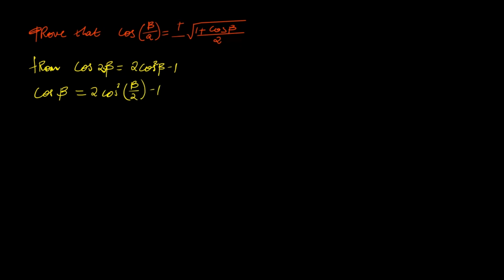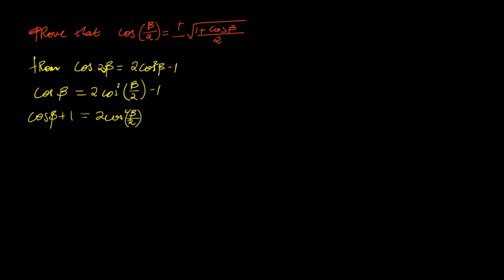So now the main intention is to have cos beta divided by 2. To get to that, we will first have to transpose this negative 1 to the other side. We'll have cos beta plus 1 equivalent to 2 cos squared beta divided by 2.